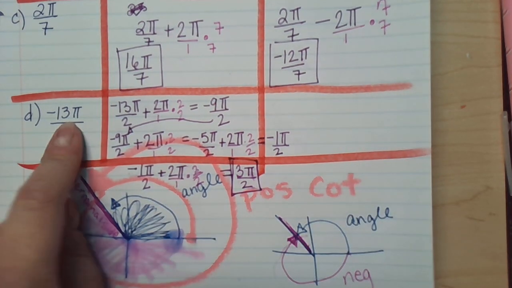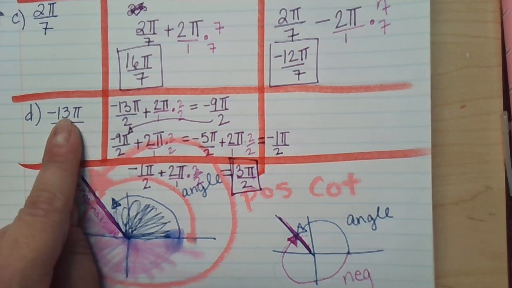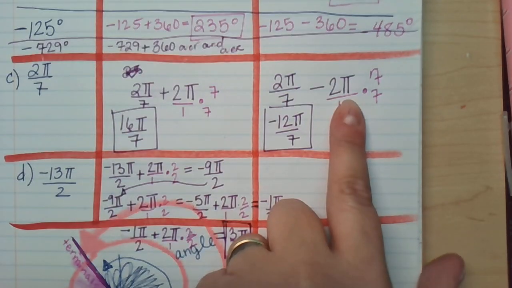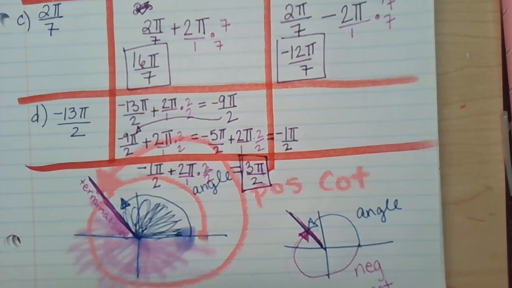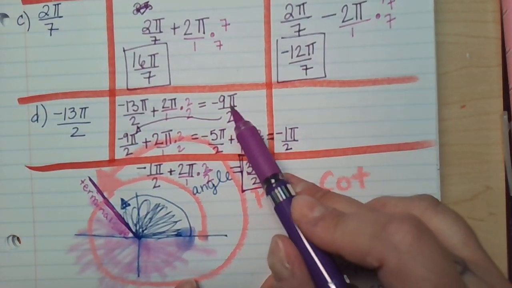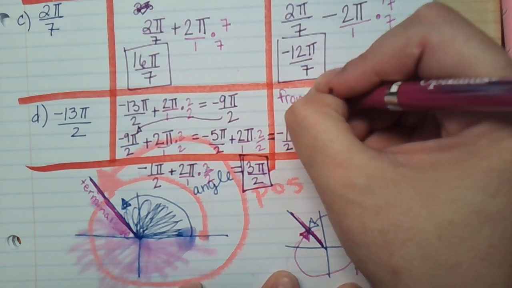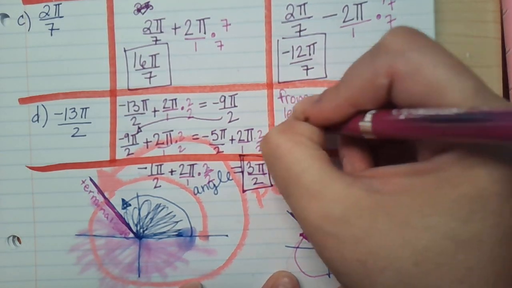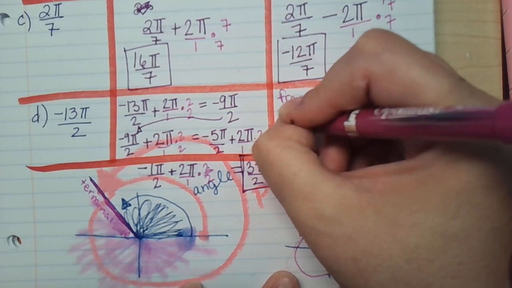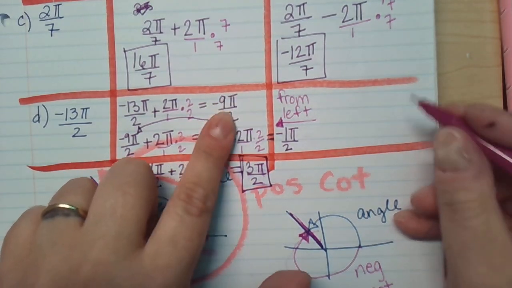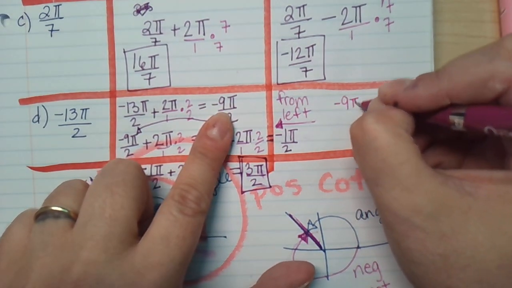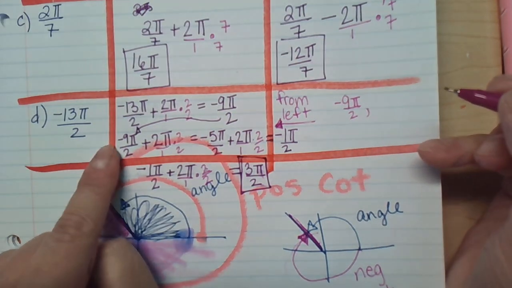Now let's try negative coterminal angle. Well, we don't have to take this -13 pi over 2 and subtract the 2 pi if we want. We don't have to because we already found tons of negative coterminal angles. So from the left over here, we already found -9 pi over 2. That's a negative coterminal angle.